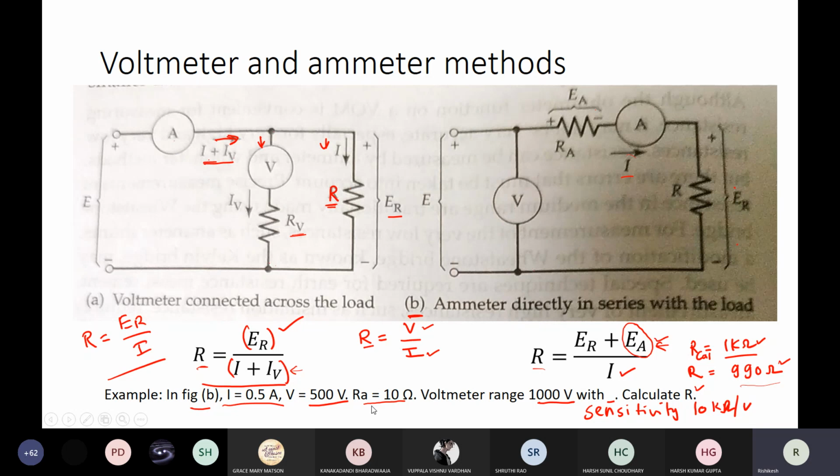If I use the same values of voltmeter and the current measured by the ammeter, can you calculate the value of R that will be calculated in the case of this arrangement?